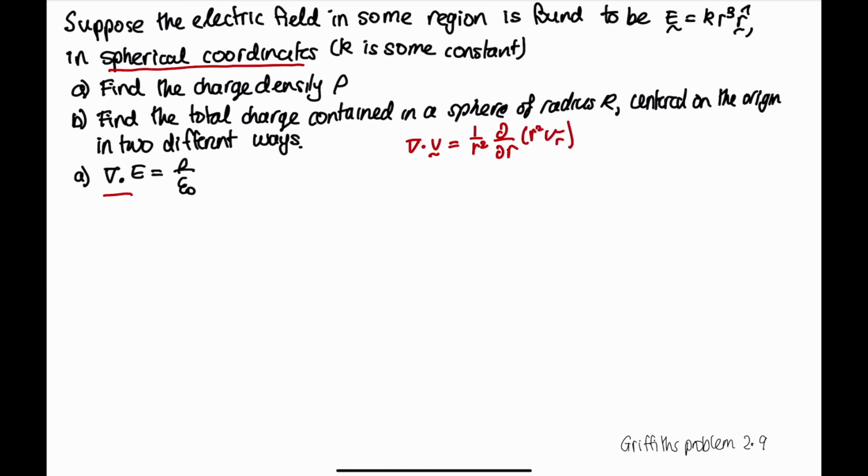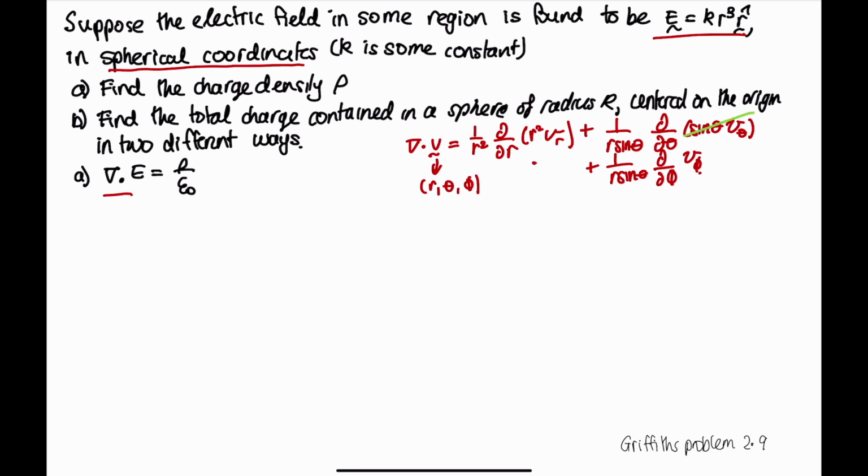So this is the r component of V, because this is a vector in r, theta, phi, plus 1 over r sine theta times the partial with respect to theta of sine theta V_theta, plus 1 over r sine theta times the partial with respect to phi of V_phi. And in this case, our electric field only has the radial component, so the theta and the phi components are both 0. So this is the only part of this equation that we are going to have to use.